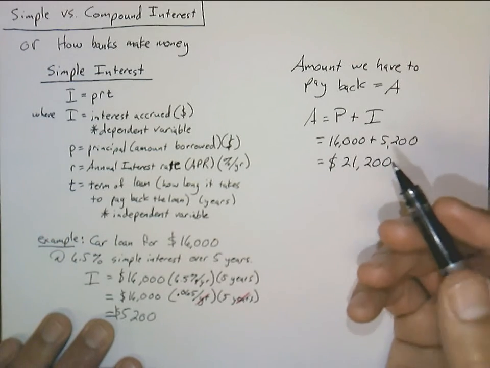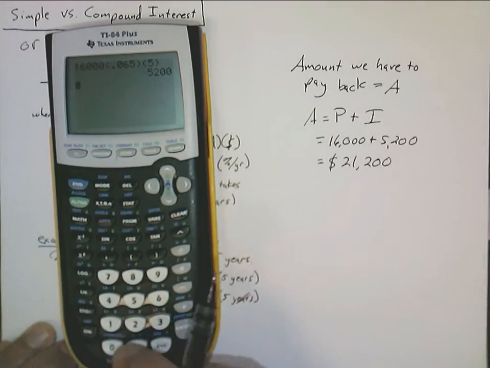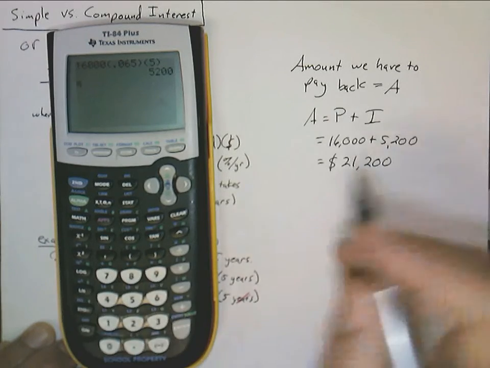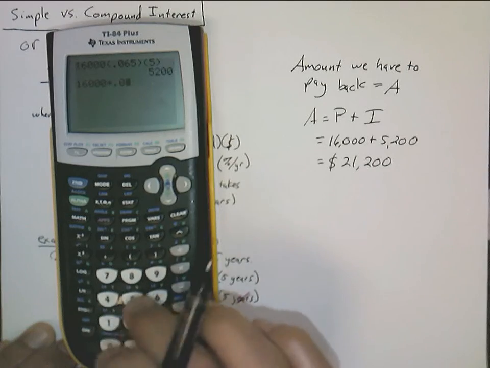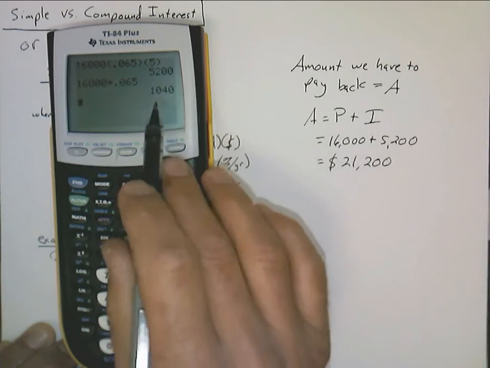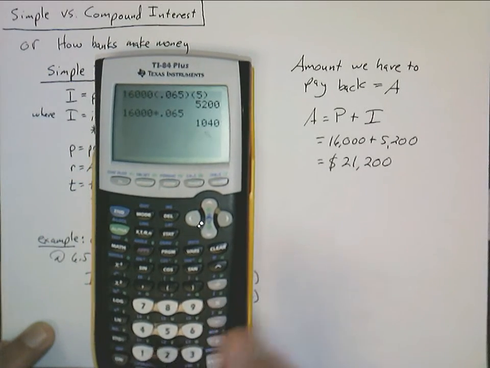So the thing to notice about this is we're paying 6.5% per year, or, well, 16,000 times 0.065, we're really paying $1,040 in interest per year.